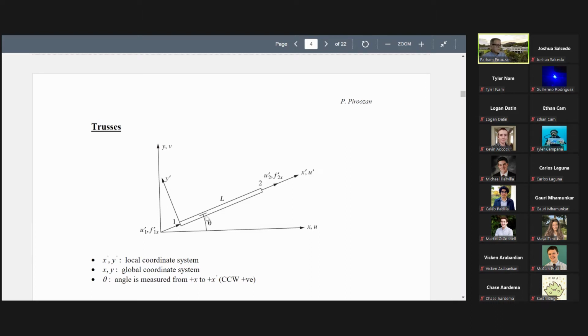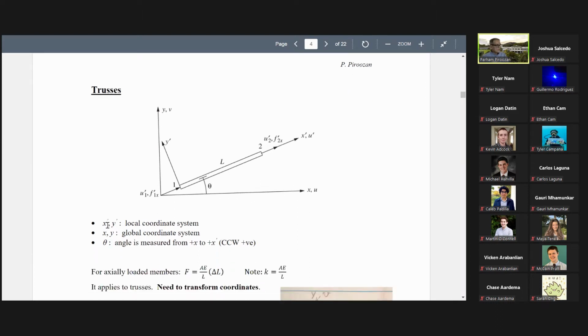This shows one element: x prime, y prime is the local coordinate system, xy is the global. And angle theta we always measure from positive global to positive local, or elemental, counterclockwise positive. This is the definition for our coordinate system.